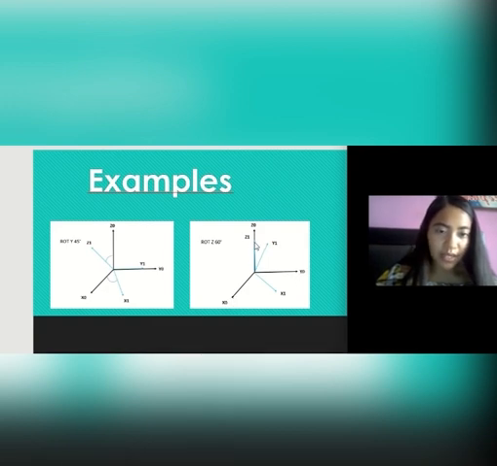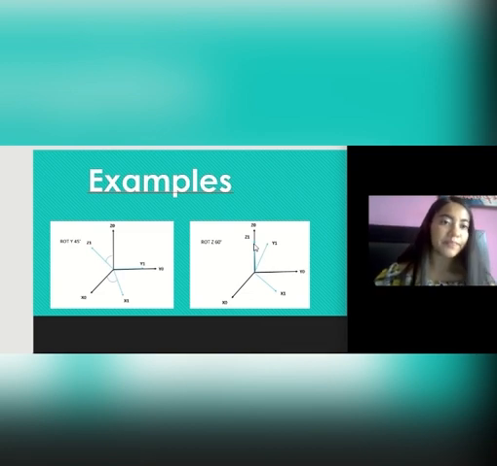Here is the final position for y and x, but in z the position is the same because here is the rotation.